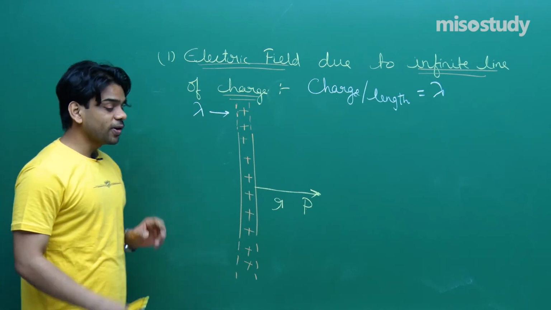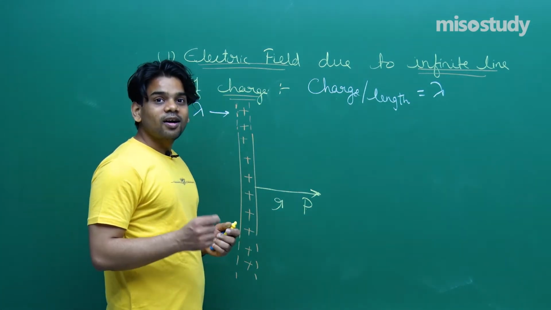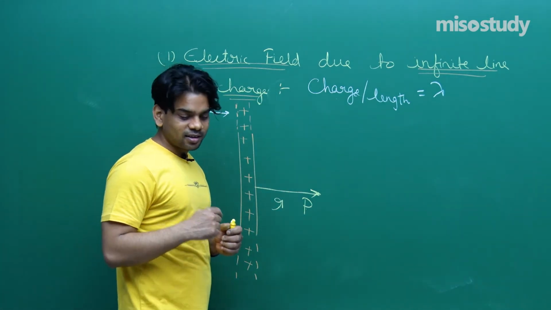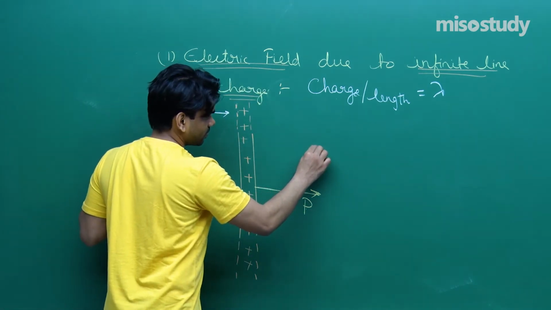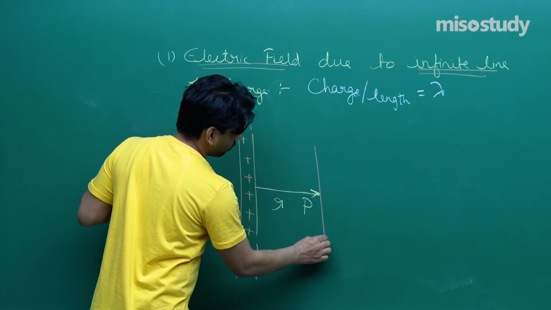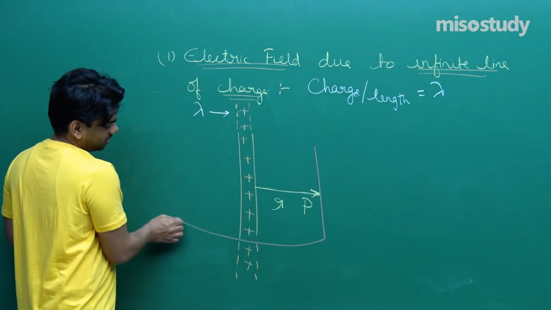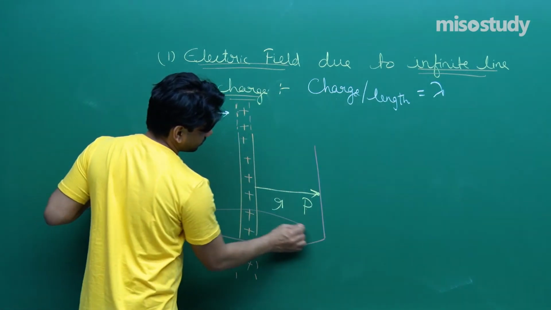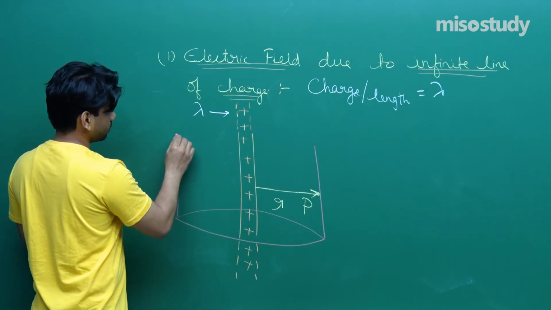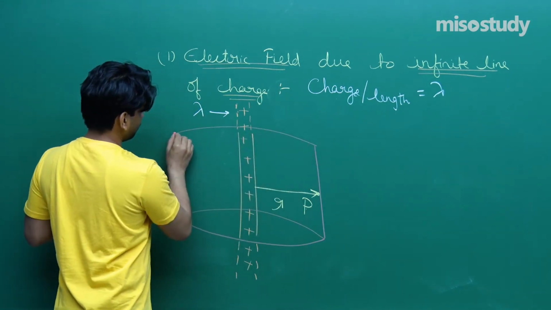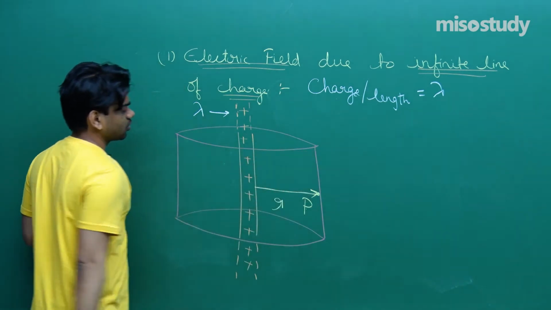It will be better to draw a cylindrical structure which may behave as a Gaussian surface. I am going to draw a cylindrical surface in this way, which is going to enclose the charges.